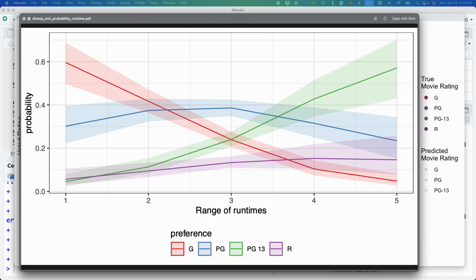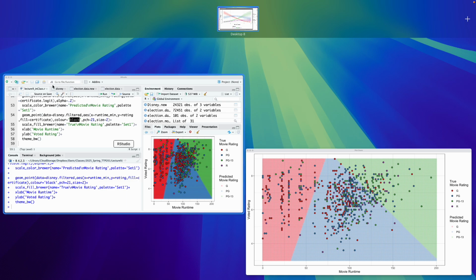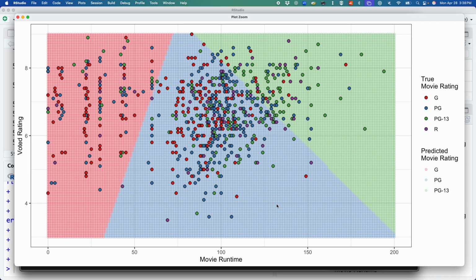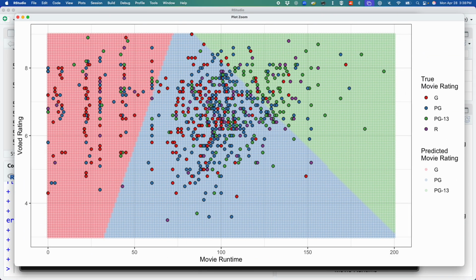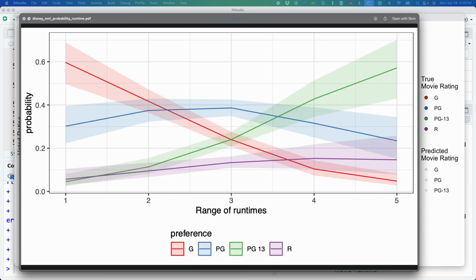And you can see we start with red at low runtimes, we go to blue at longer runtimes, and then at the longest runtimes we have green, right? And so that is kind of exactly as we see over here, right? Red, then green, then blue, then green. And at no time do we ever see purple being on top, so the model never thinks to choose R rating as the most likely outcome. Okay?